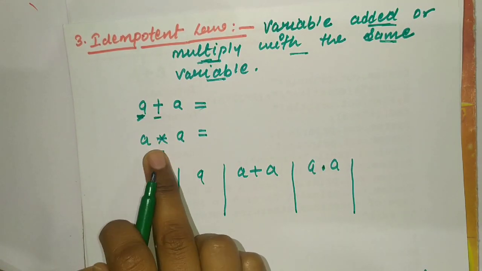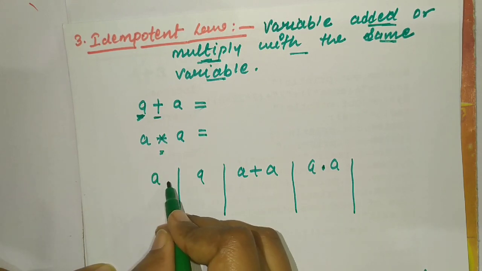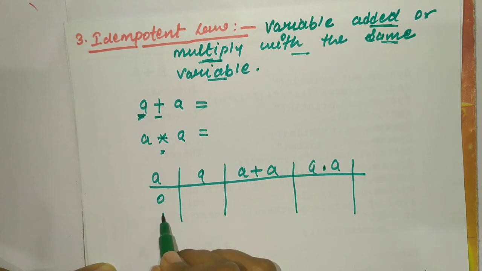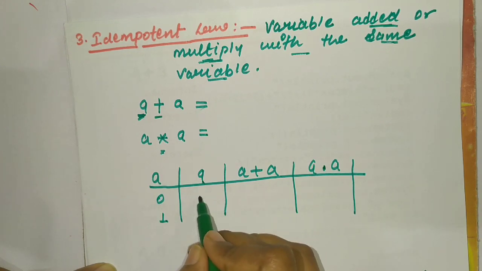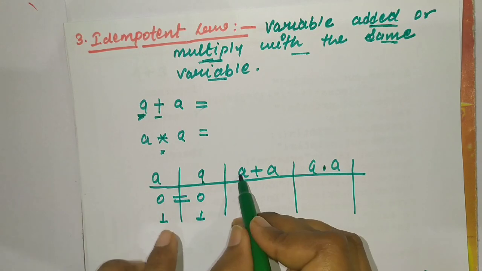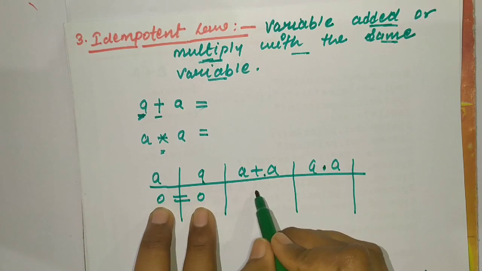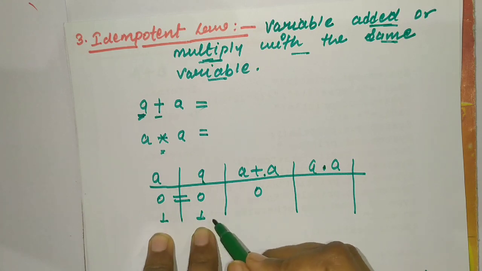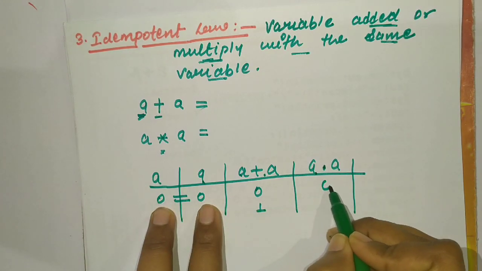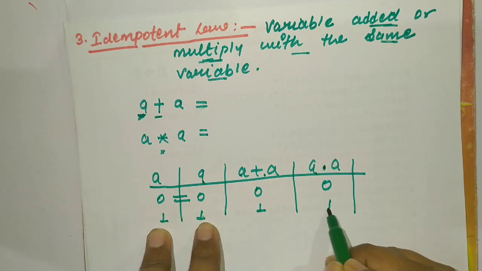The input is 0 or 1, and again here is A, so we write the same value, 0 or 1. A plus A means 0 plus 0 is 0, and 1 plus 1 is 1. Multiply: 0 into 0 is 0, and 1 into 1 is 1.